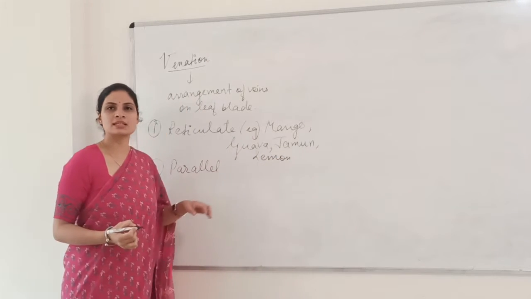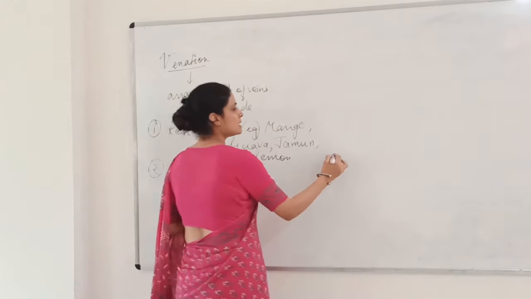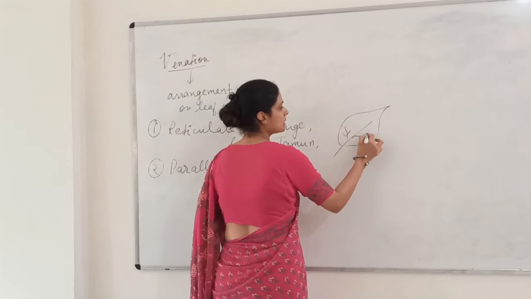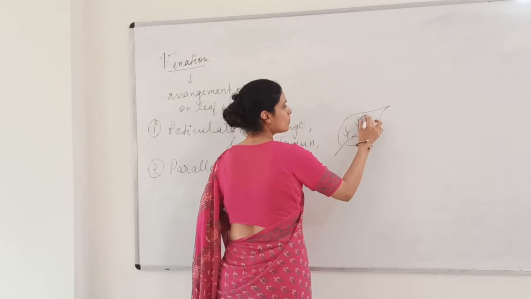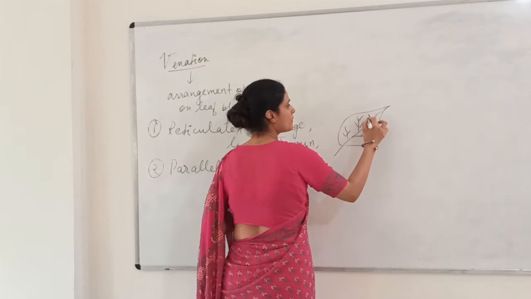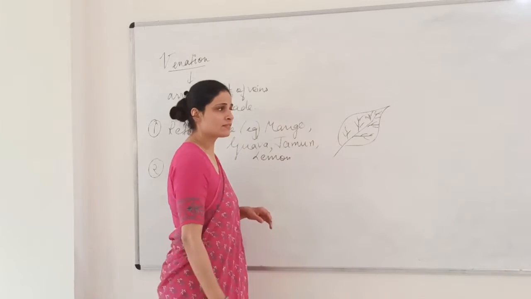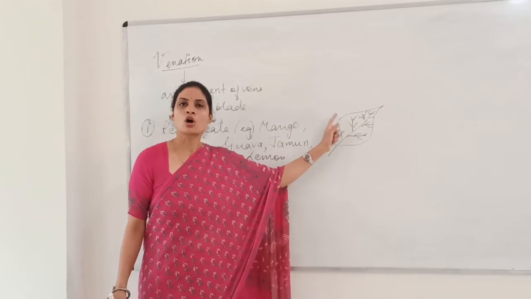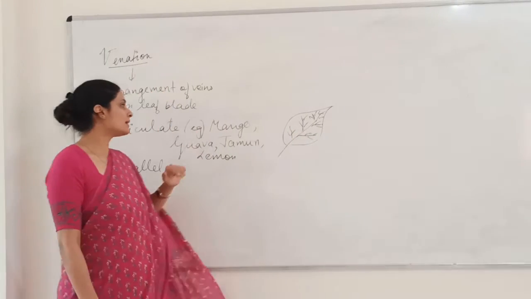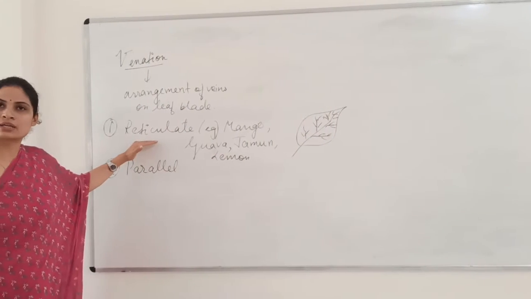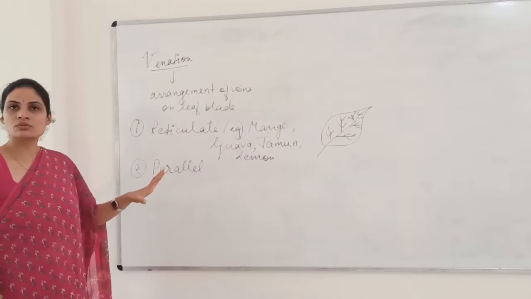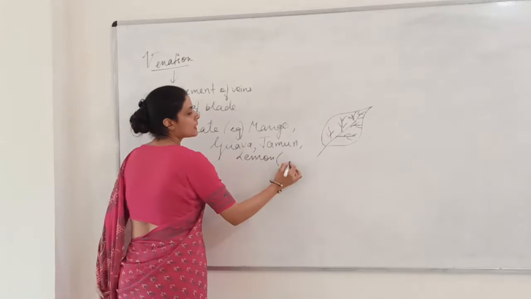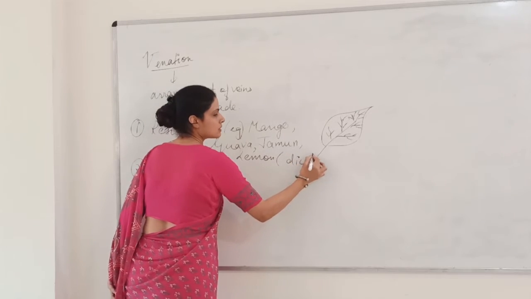If you see these leaves, you must be seeing that the veins on the surface are arranged like a network. The whole veins are arranged in the form of a network on the leaf surface. When these veins are arranged in the form of a network on the leaf lamina, it is called reticulate venation. Generally you find reticulate venation in dicot plants.